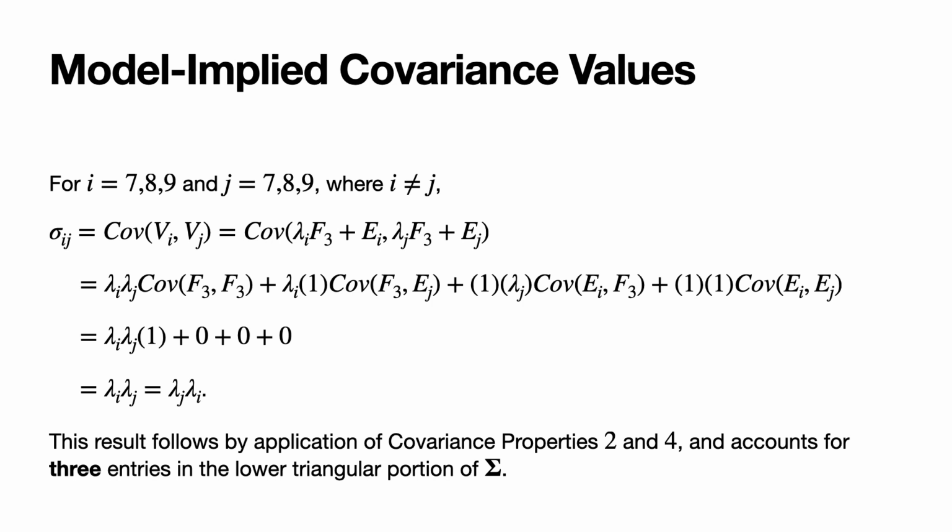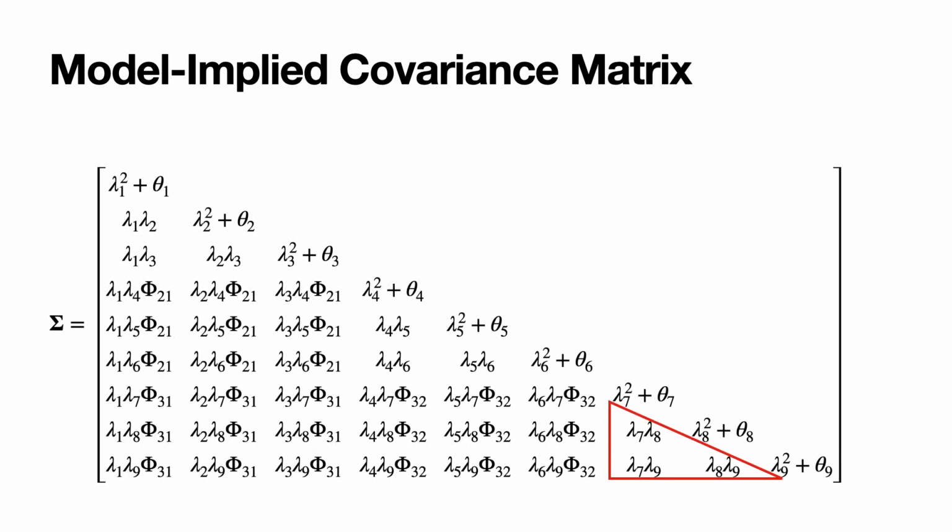So sigma sub ij is equal to lambda sub i times lambda sub j, which also can be written as lambda j times lambda i. This result follows by application of covariance properties 2 and 4 and accounts for 3 entries in the lower triangular portion of cap sig as shown on this slide.